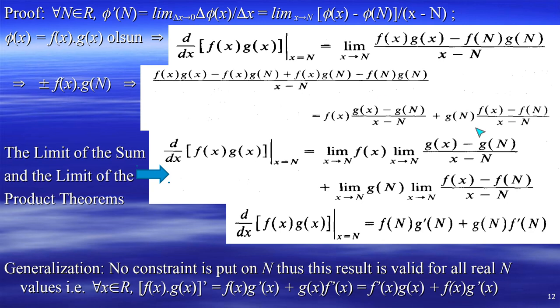When I take the limit of this expression, when x goes to n, I obtain the derivative of the product. You see, the limit of the sum and the limit of the product theorems. I use the limit of the sum theorem to distribute the limit in those two parts of the plus sign, and I use the product limit theorem in order to distribute the limit in these products.